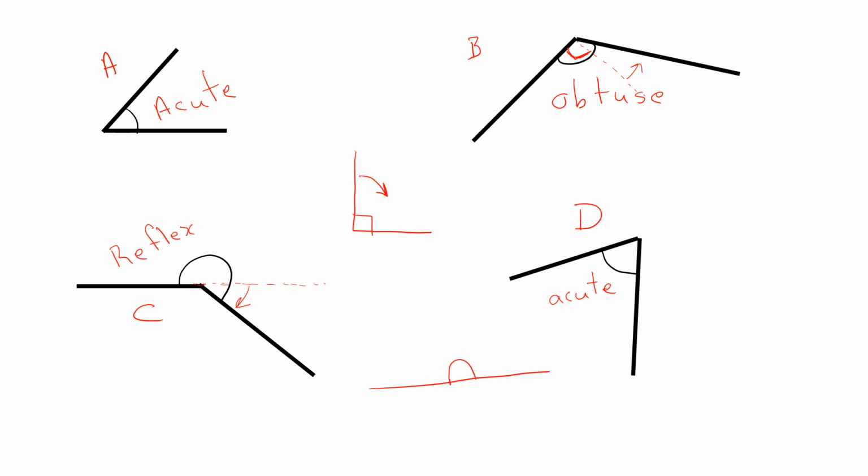And again, I know it's easier said than done, but this comes with practice. Once you know your types of angles, you will easily be able to identify these angles just like how I am doing here right now.